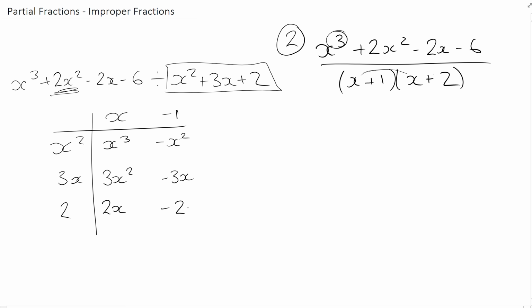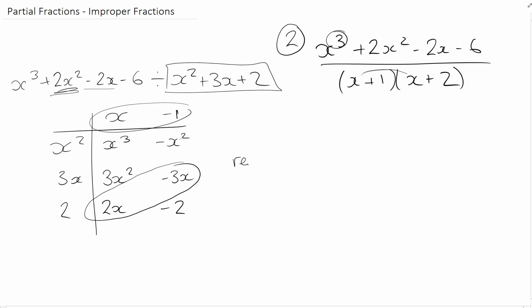So I've now got the division, the whole part of it, and now I just need to find the remainder. And the mistake that a lot of students make at this point is, what is the remainder to get to the minus 2x? We've got these two x terms here. So I've got minus 3x plus 2x, so I'm at minus x, and I want to get to minus 2x.